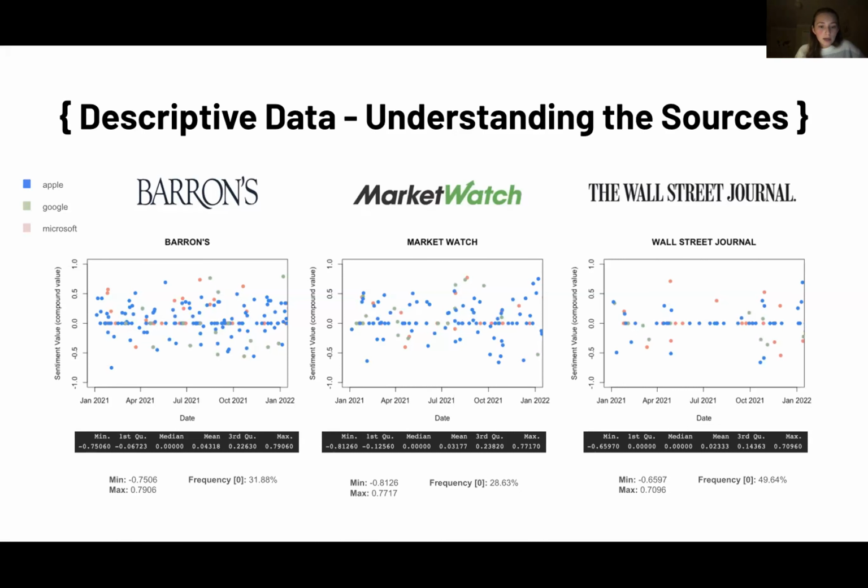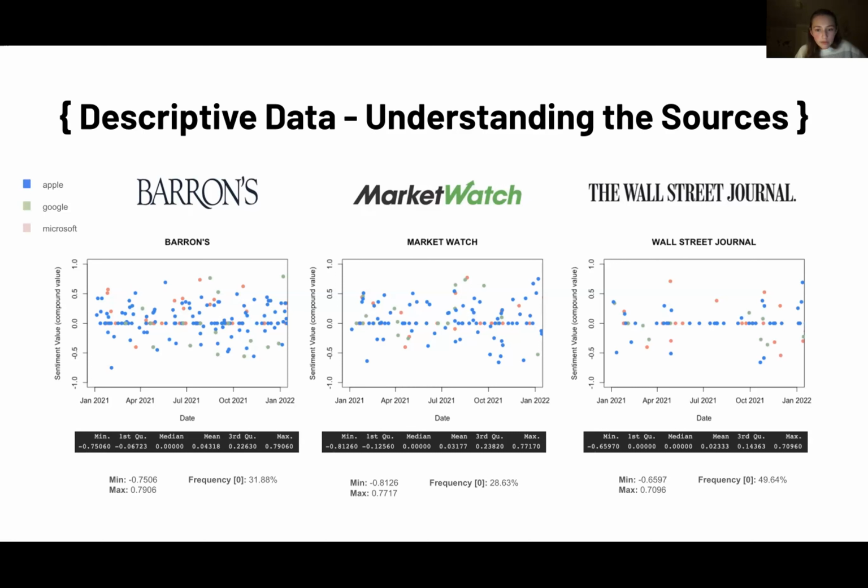Barron's, for instance, has the strongest maximum. So it has the highest maximum. So it might have had an outlier, a very strongly positive article, while Market Watch has a very strong minimum. I also want to take a look at the quartiles.